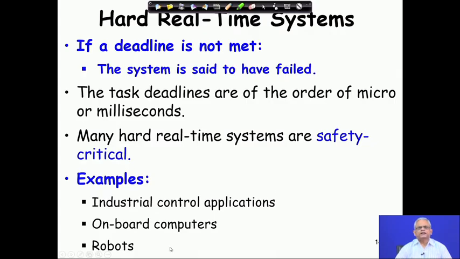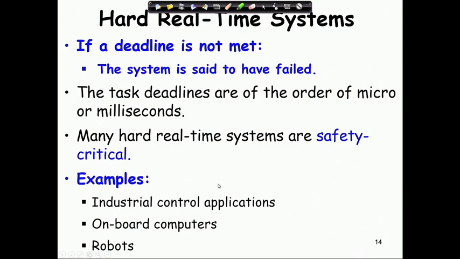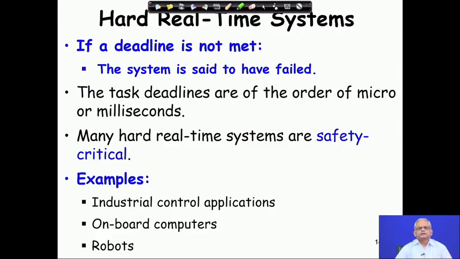First, let us look at a hard real time system. In a hard real time system, if the deadline for a task is not met, we will say that the system has failed. Once an event occurs, if the required response could not be obtained before the stipulated time, then we say that the system has failed.